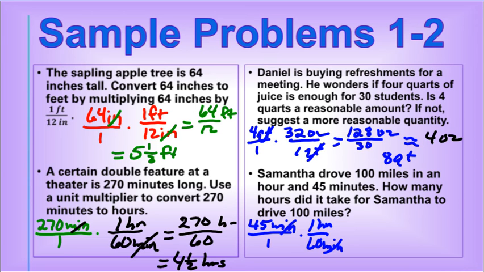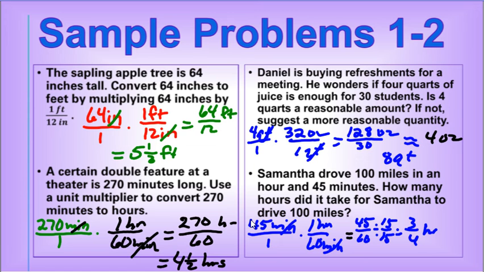Minutes cancel out. I'm left with 45 over 60. I can divide each top and bottom by 15. This will give us 3/4 of an hour, which is 0.75.